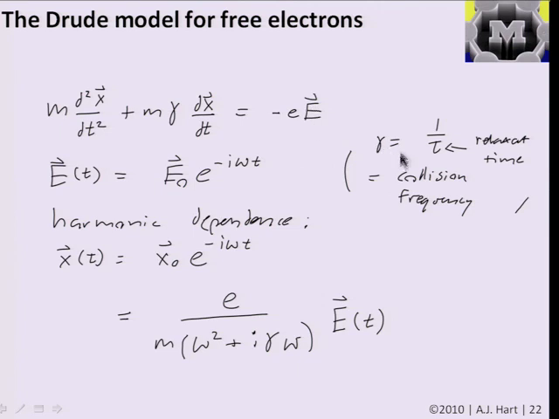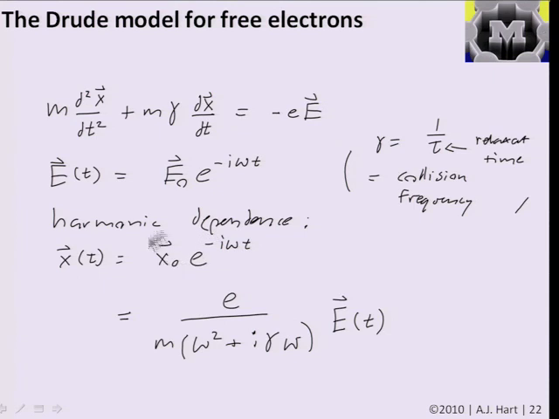And this damping term is related to the time it takes for an electron to bump into another electron. It's called the collision frequency. And it's just related like this to the relaxation time. And if we assume that we drive it with a periodic source, then the result will also have this periodic form, where it's some displacement that's also periodic at the same frequency as the driving field.